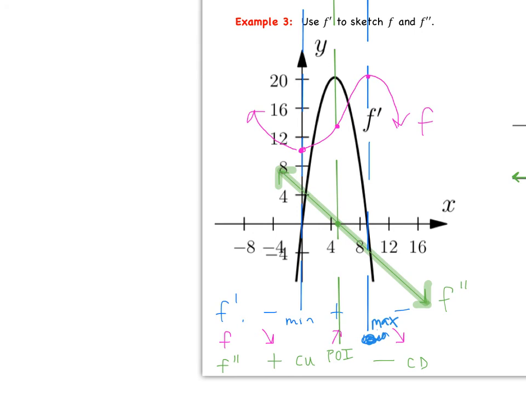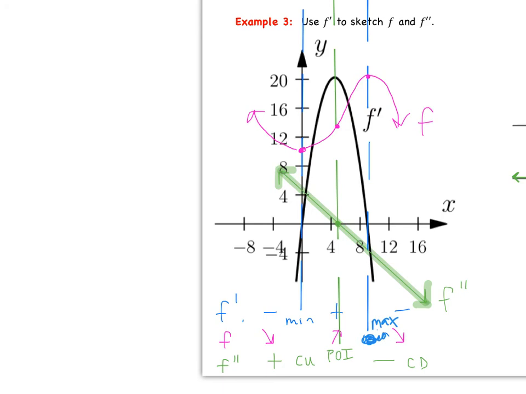So we know we're going to have a linear function here, and I'm going to change from positive to negative along this vertical line. So we just have a line for f double prime here. This is really tough to do. We will get more practice in class with these, so don't worry about that.